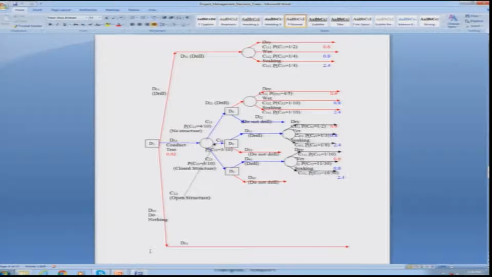These values are exactly the same as in the last slide which we covered. To make things doubly clear for all the participants, these negative values are the outflows, and the 0.8 and 2.4, which are positive, are shown in blue. And the value of 0.02 and the like are the so-called sunk costs.